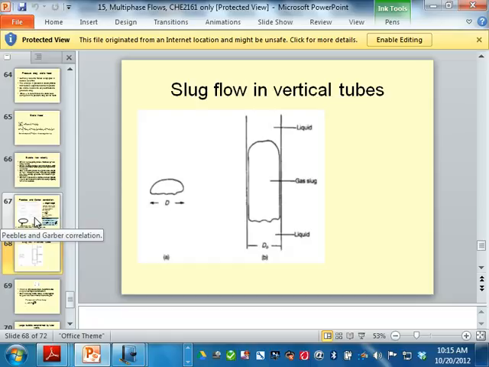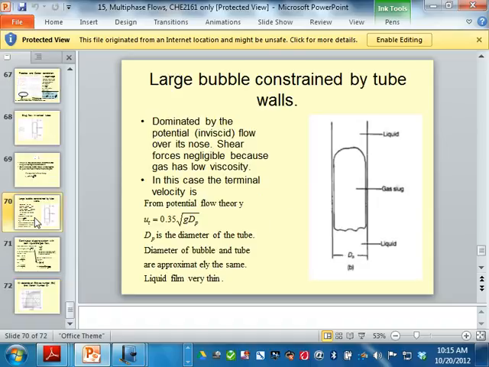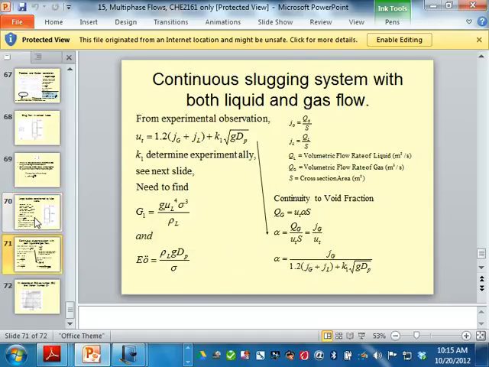So if you have slug flow, then the bubble rise velocity is a bit different. From potential flow theory, you get the bubble rise velocity there. That is quite a different, specialized case: a large bubble constrained by the wall and so forth.